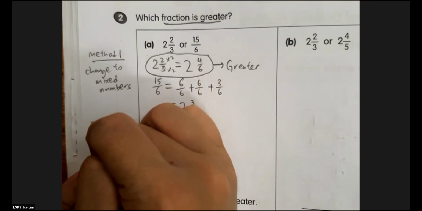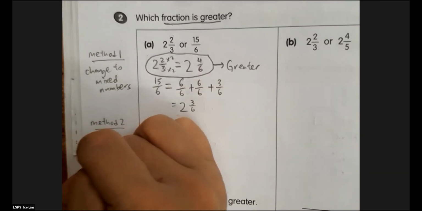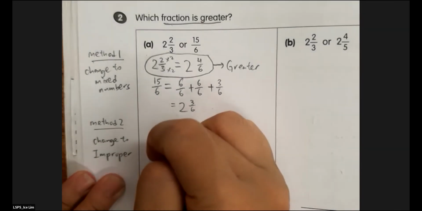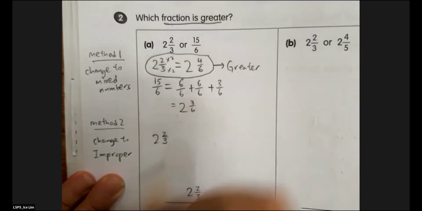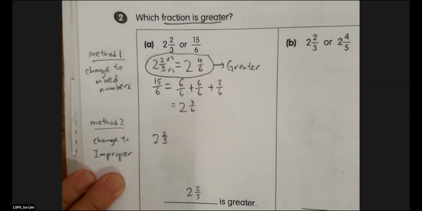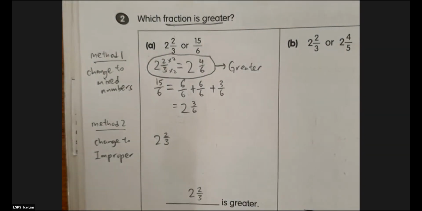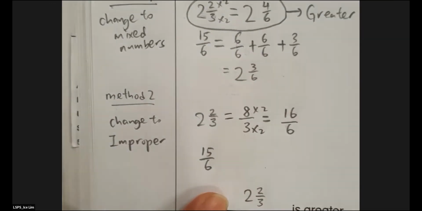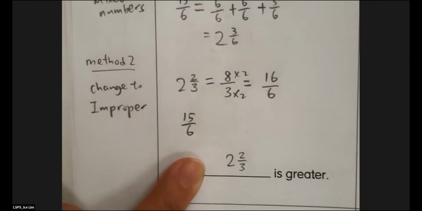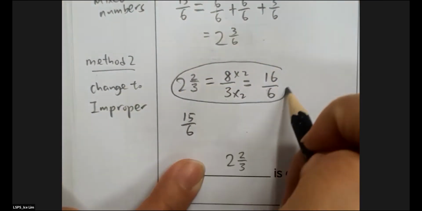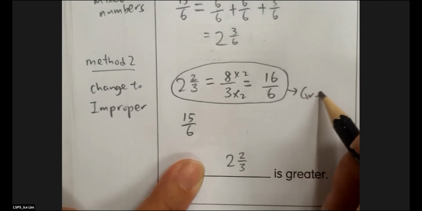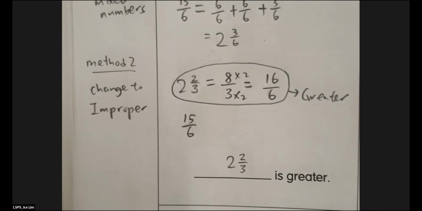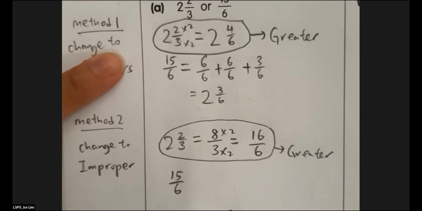Very good. Okay, so 2 and 2/3 will be 2 times 3 plus 2, over the denominator, 8/3, and the other is 16/6. So I can still see this is greater. Can you see that? So there's method 1 and there's method 2.